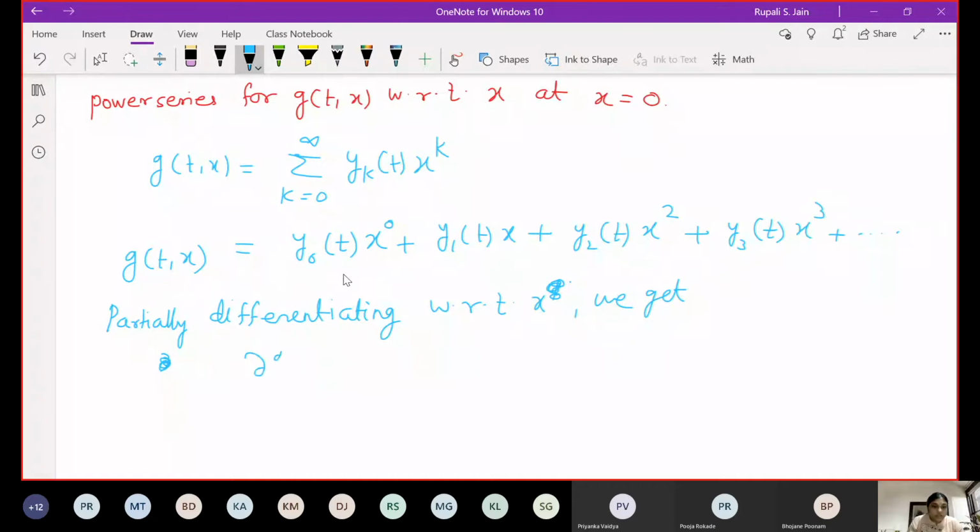So what will be ∂g/∂x of g(t, x)? x raised to 0 is 1, so y_0(t) is constant with respect to x, so its derivative will be 0. The first term's differentiation will be 0.